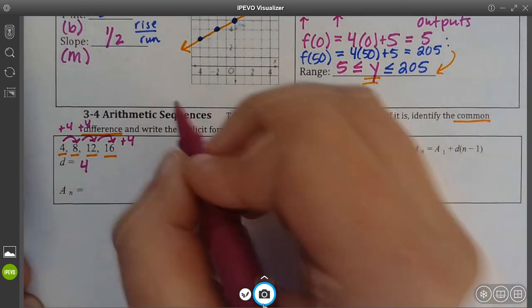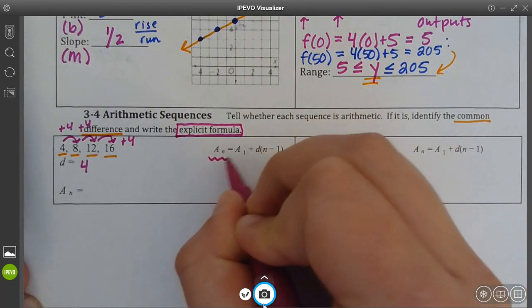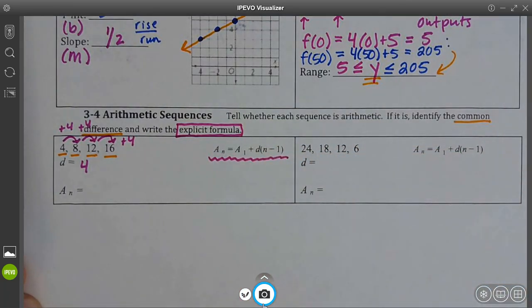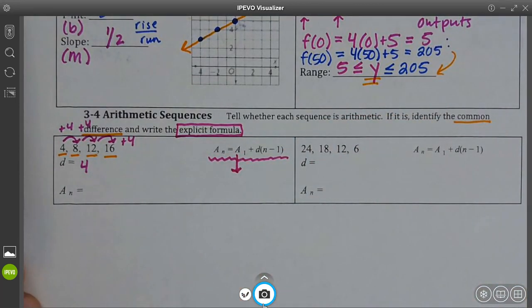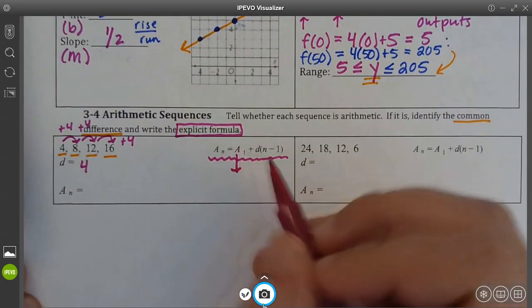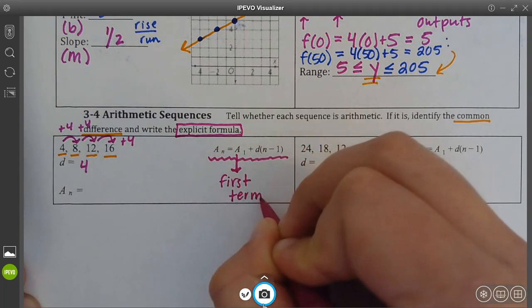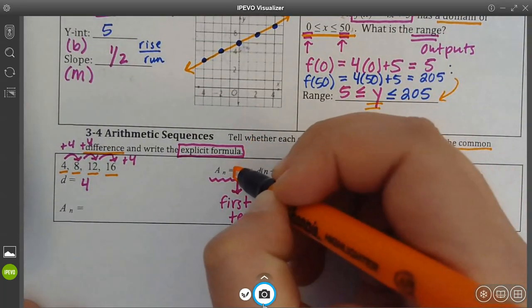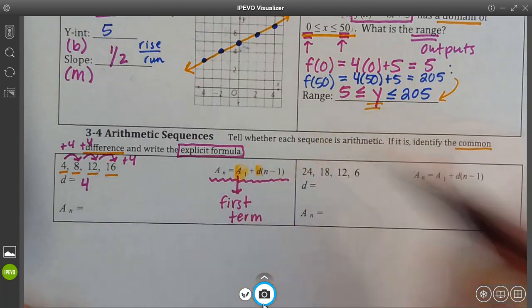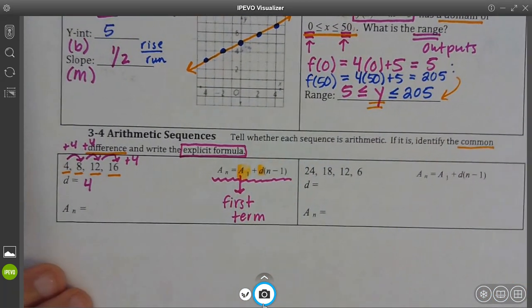And what we can do with this is write what we call the explicit formula, which the template is given to us right here. The only other thing we need to know to write our formula is this A1 value, which we can classify as our first term. So the only two things that we have to plug in are this A1 and this D. So we're going to write our equation here.